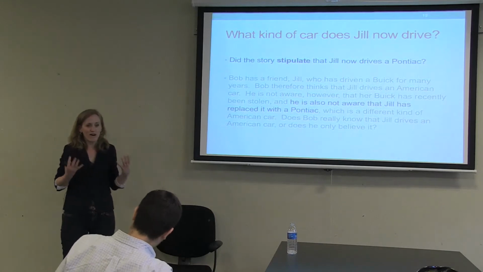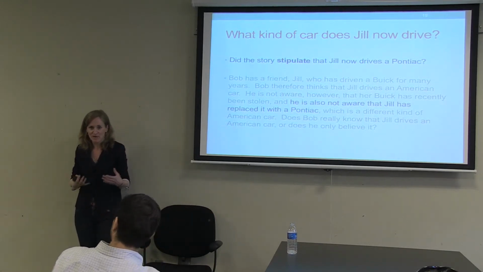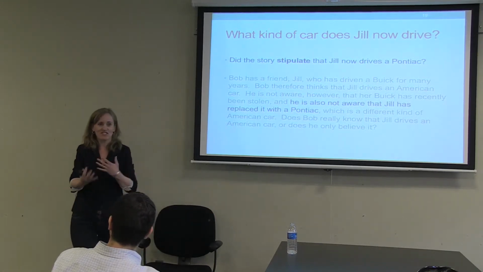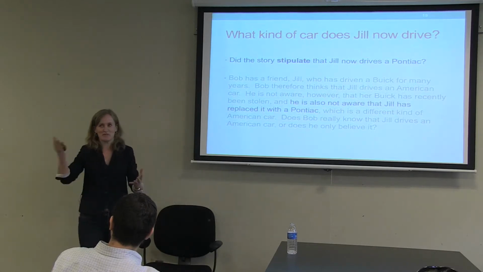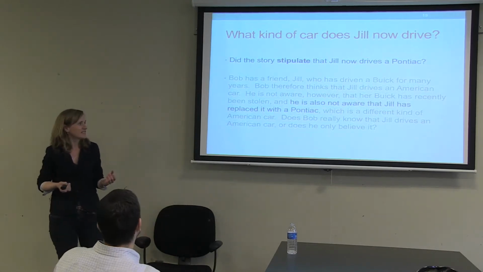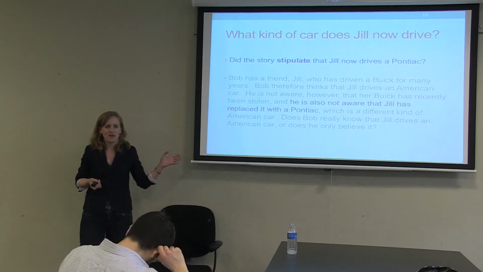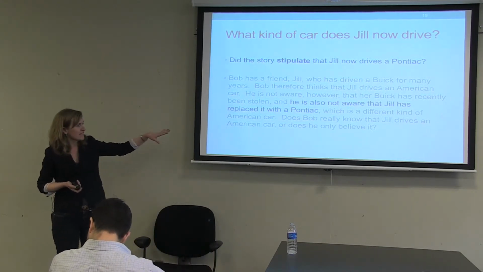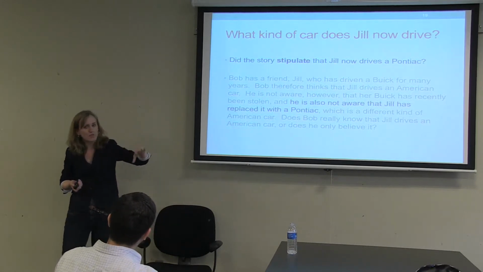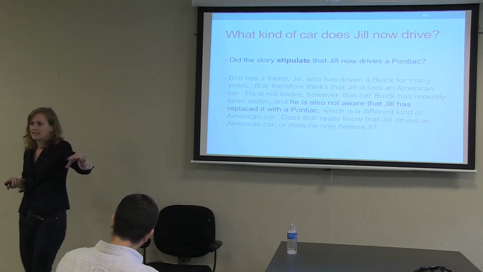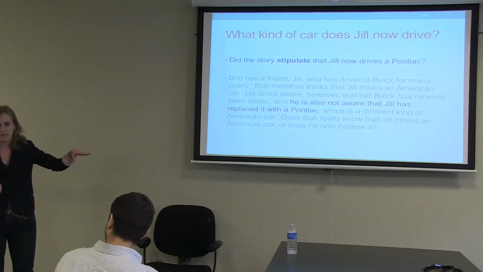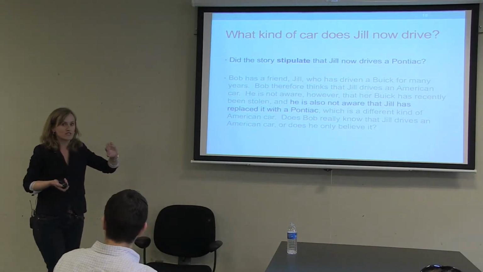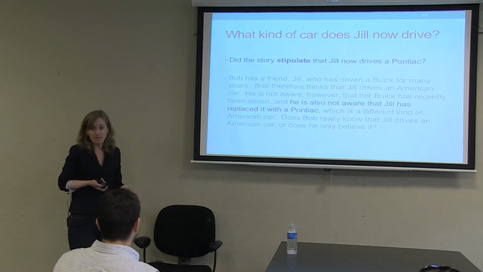Now, of course, we want the story to convey that Jill's a Pontiac owner, right? Because it's just not going to do that trick of showing this is JTB but not K if it's really ambiguous in the story what is even true of Jill at the end. We want it to convey this. And by saying that Bob isn't aware that she replaced it with a Pontiac, we are actually conveying that she did replace it with a Pontiac.